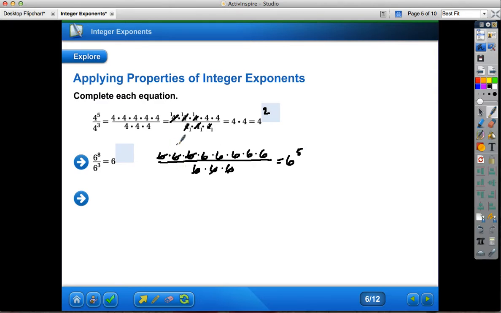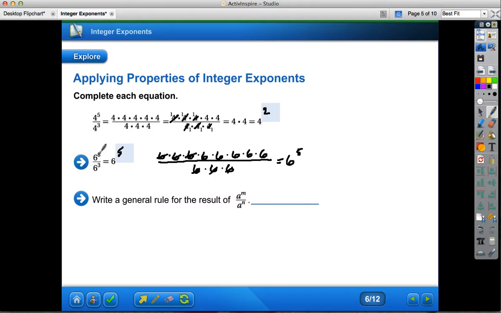Is there any connection that you can make between the exponents you originally had and your new exponents? So the exponent I originally had and my new exponent. I want you to take that and make a general rule for what a to the m over a to the n would be.